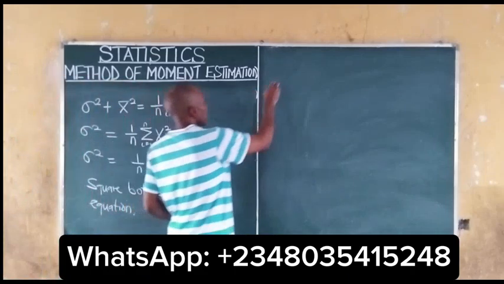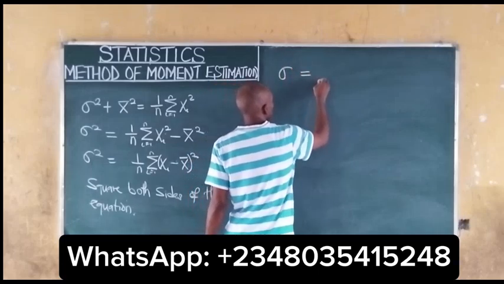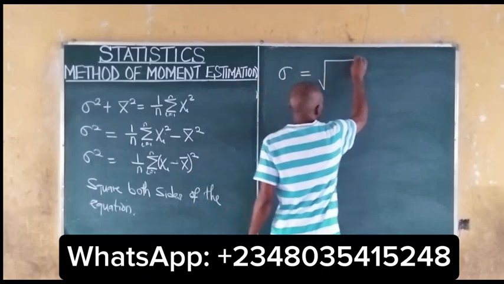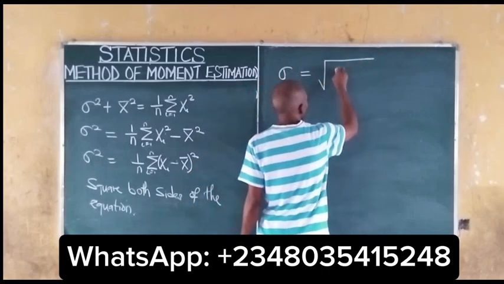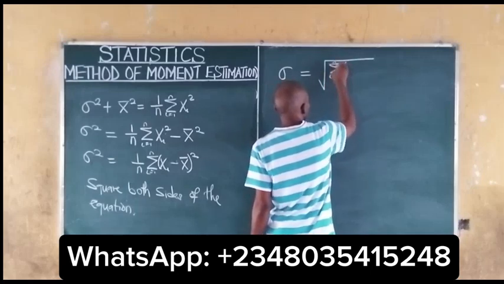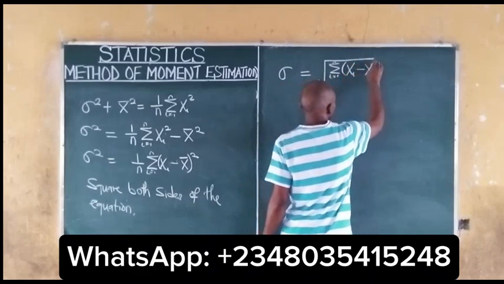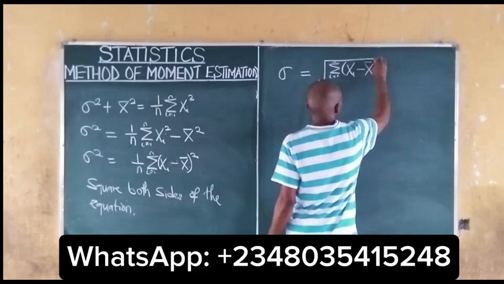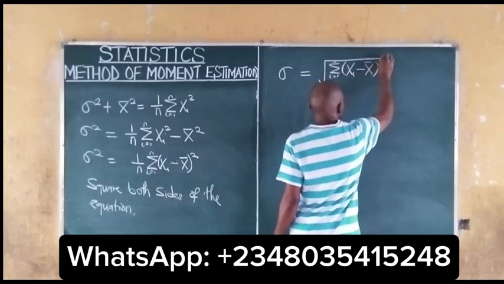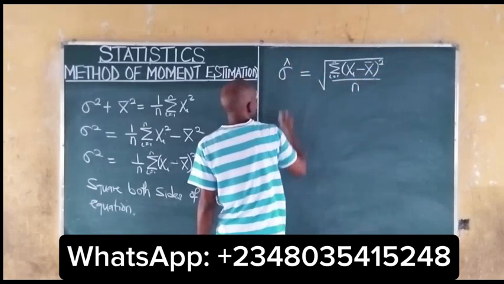So we have sigma equal to the square root of the summation, as i running from 1 to n, of xi minus x bar squared, all over n. So this becomes our estimate.